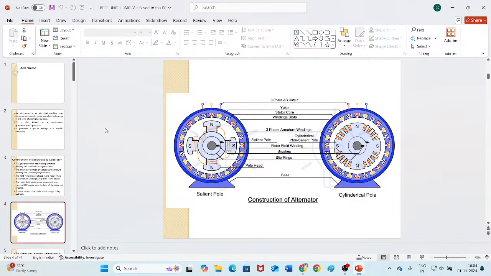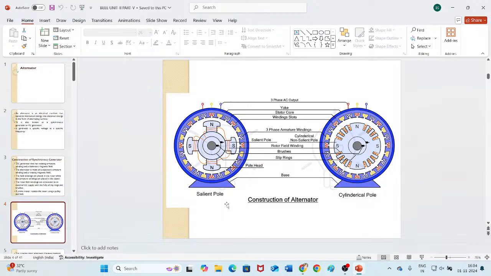What is a generator? A generator converts mechanical energy into electrical energy. Similarly, an alternator converts mechanical energy into electrical energy. Of course, the DC generator we have already discussed. This is an AC generator. The alternator is nothing but an AC generator, which is also known as a synchronous generator.